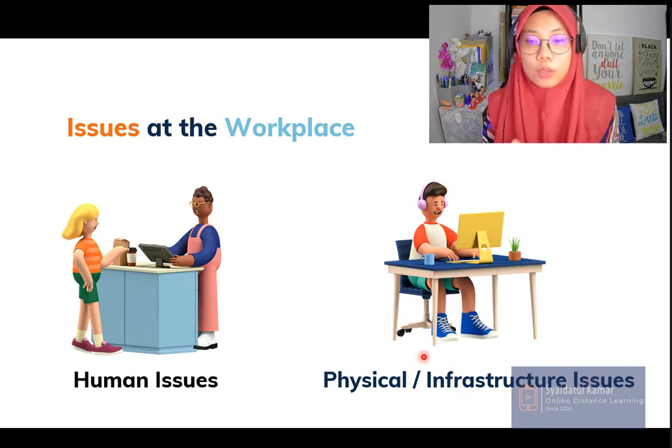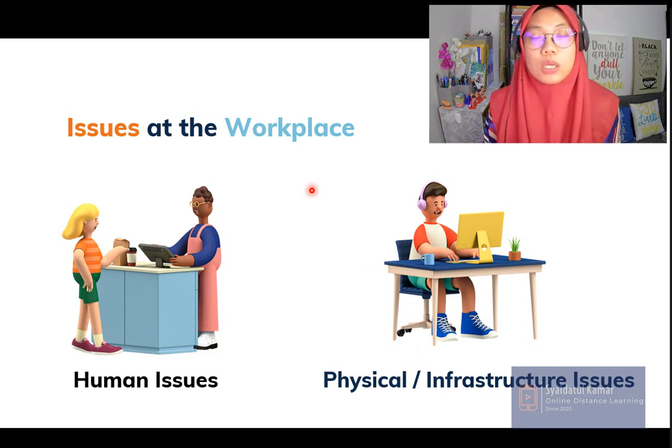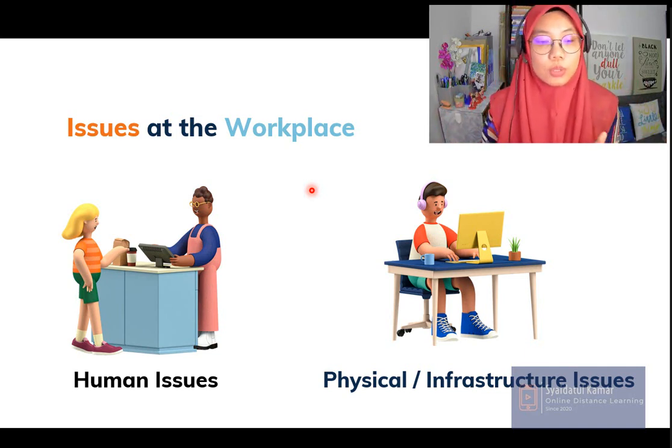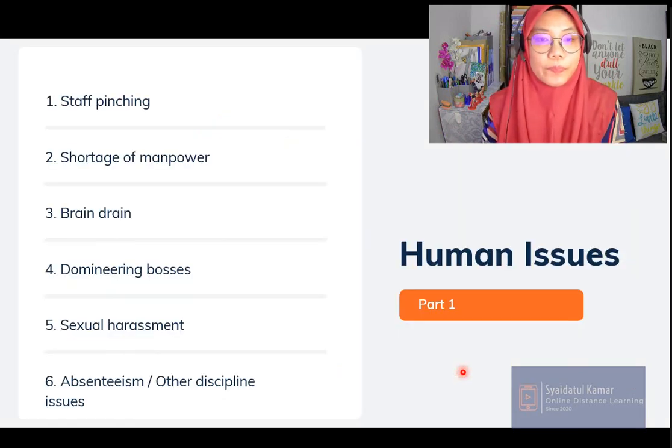We are going to take a look at it together. So bear in mind, when you want to choose the issue that you want to discuss in your group as the topic of your group discussion and role play, you can consider these two, that is human or infrastructure issues.